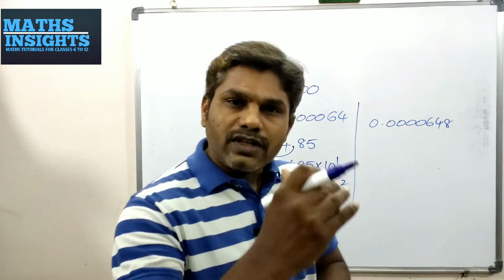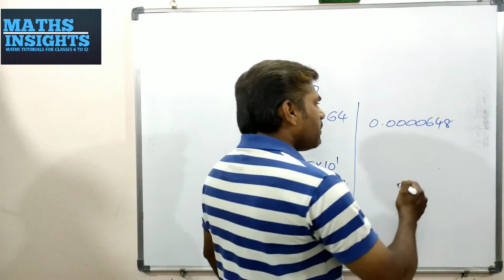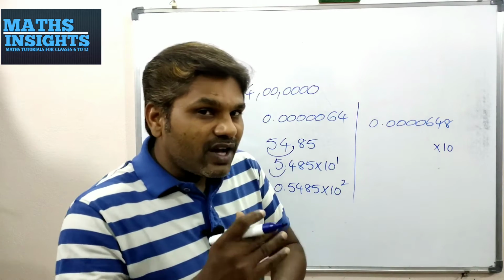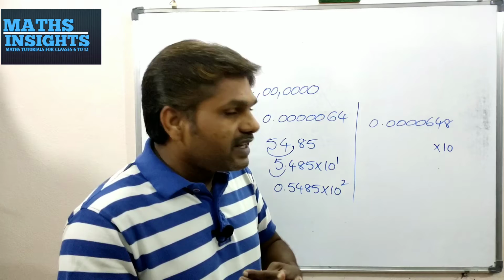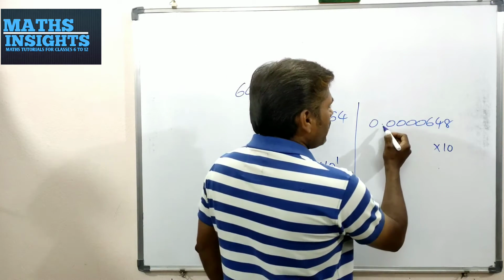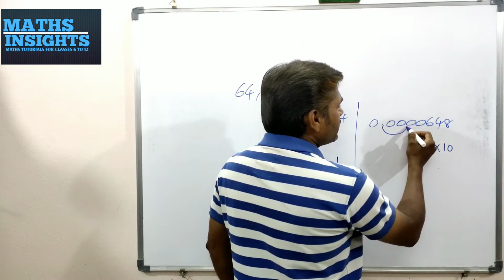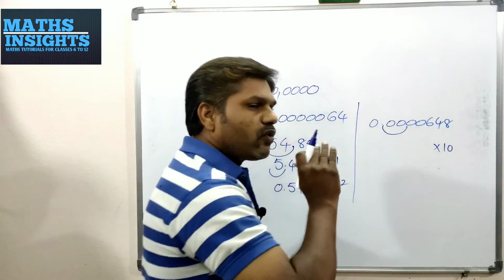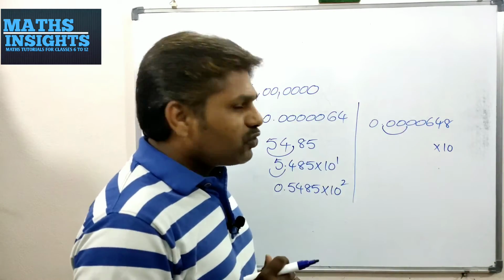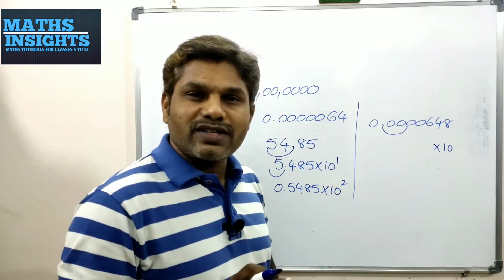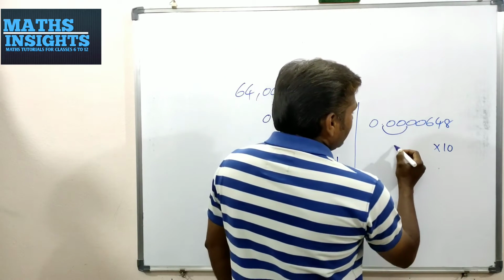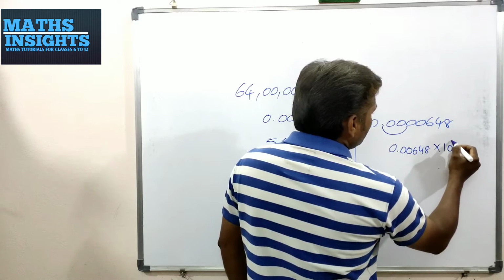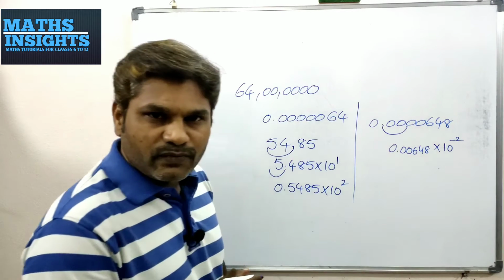So to counterbalance, you have to multiply this with 10 power raised to a minus number, that means a negative number. Suppose I move the decimal point from here to here, then I am moving it by 2 places towards the right side. Is it or not? So 0.00648 into 10 power minus 2.